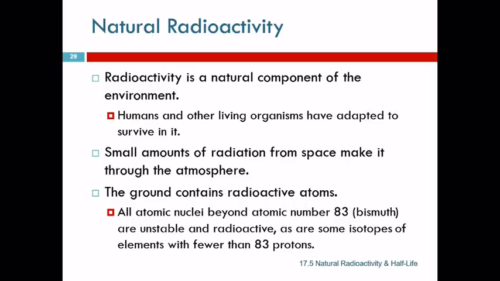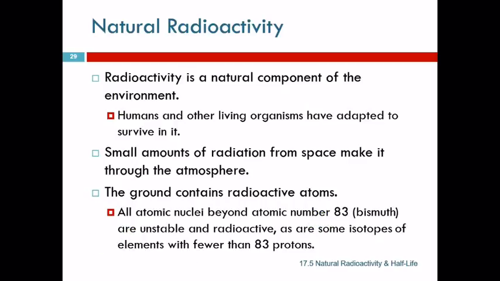There's radiation that comes from outer space that gets through the atmosphere, small quantities, but it does matter. And there's also radiation that comes from radioactive elements that are present in the Earth's crust. All of the elements beyond atomic number 83, which is bismuth, everything larger than bismuth is unstable and radioactive.